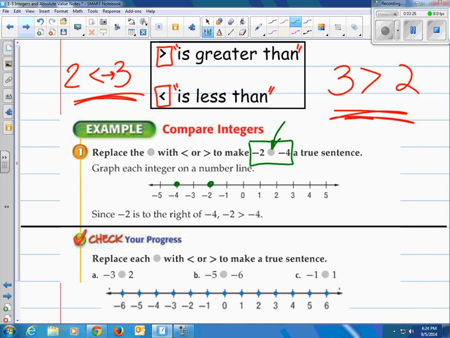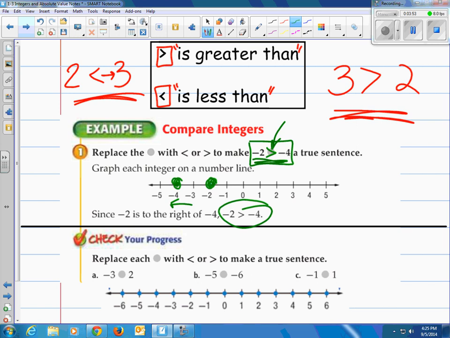We have -4 right here, and we've got -2 here. Any number to the left of another number is less than that number. So therefore, -4 is less than -2. But they have it backwards up here. So they say -2 would be greater than -4. And there's our answer. -2 is greater than -4 because it's to the right. So we'd use the is greater than.